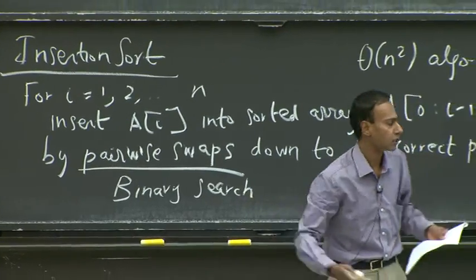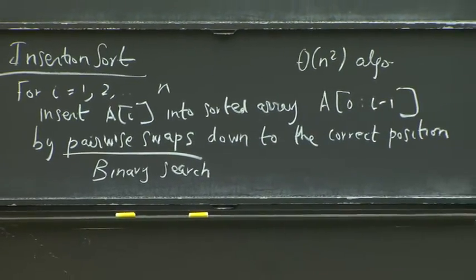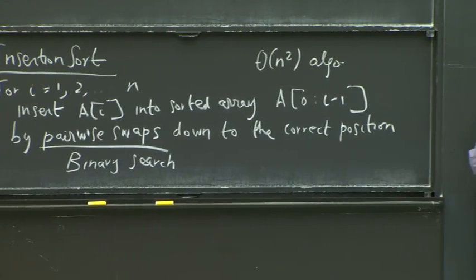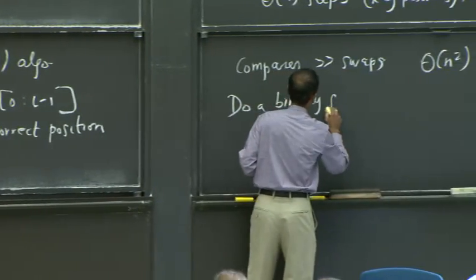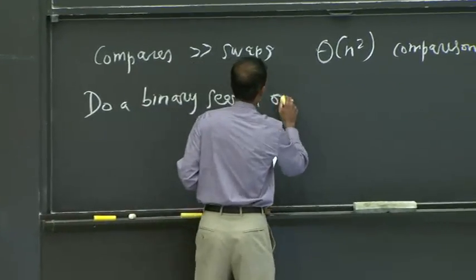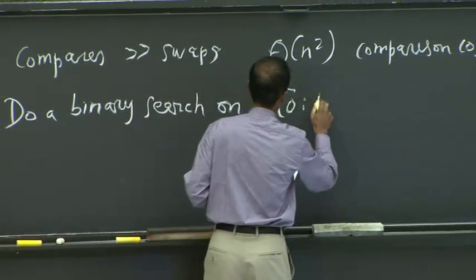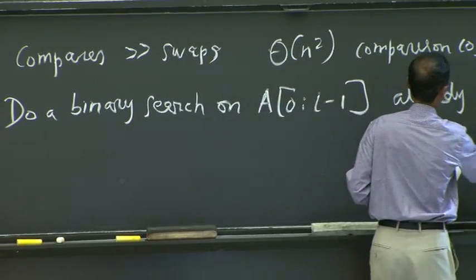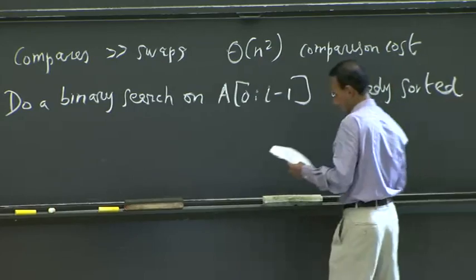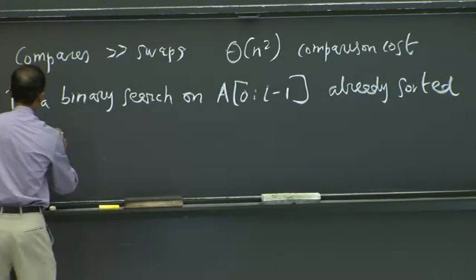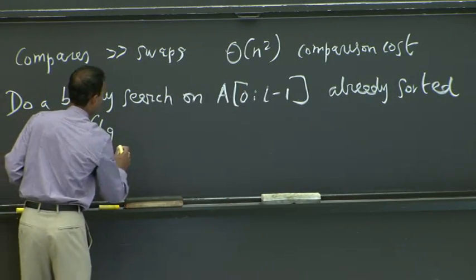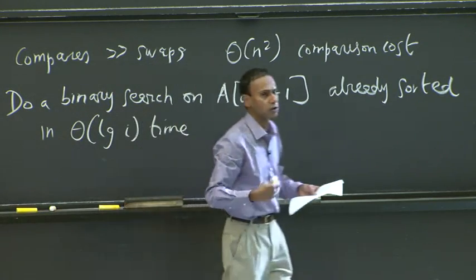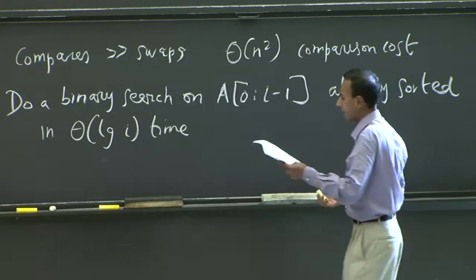And so you can do binary search on that part of the array. Let me just write that down. Do a binary search on A of 0 through i minus 1, which is already sorted. And essentially, you can think of it as theta log i time, and for each of those steps, and so then you get your theta n log n.